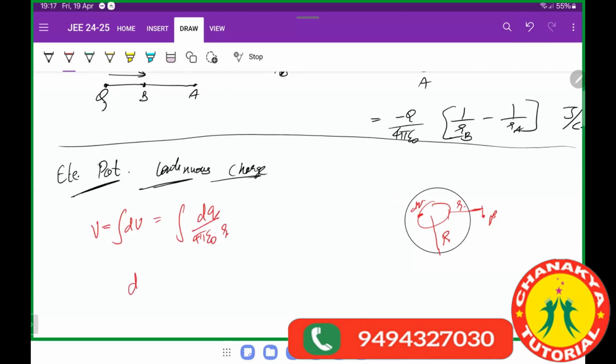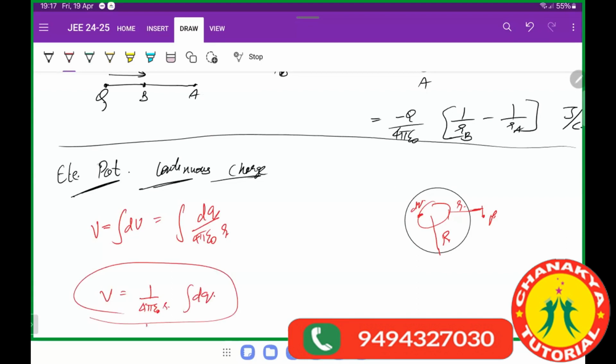So this will become a limit. If we have some values here, we will have limits here. Then 1 by 4 pi epsilon naught will be constant, with integration of dq. Same thing.